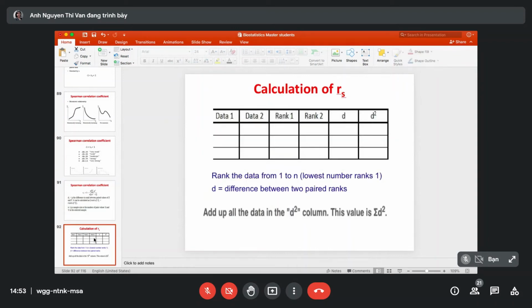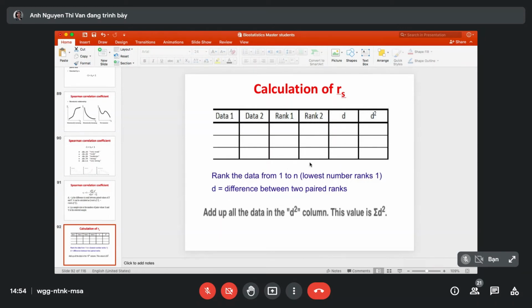To do this kind of exercise, you can draw a table like that. Data 1 and data 2, that is X and Y, dependent and independent variable. Then you rank: write down the rank of all the values of data 1, and rank 2, the rank of data 2.